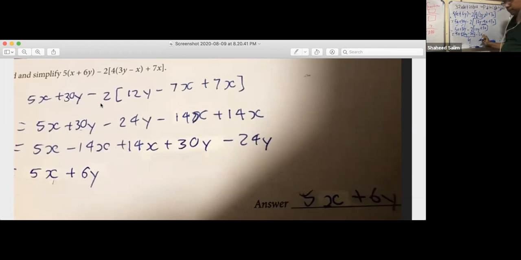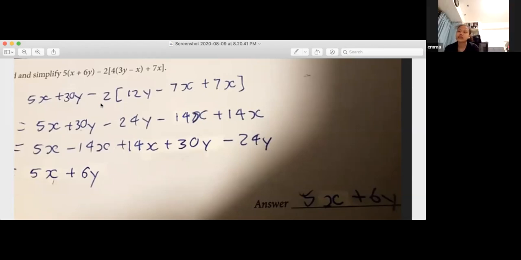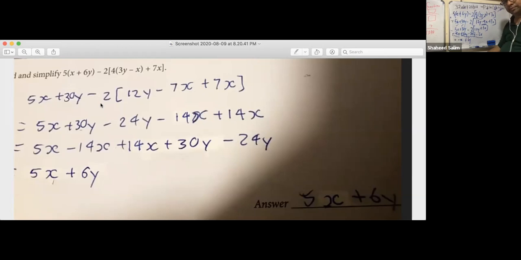And then down here now, you have $5, you owe $6. So what's the answer? You owe $6. You have $5. One. Minus x, minus 1. So it's minus x plus 6y.